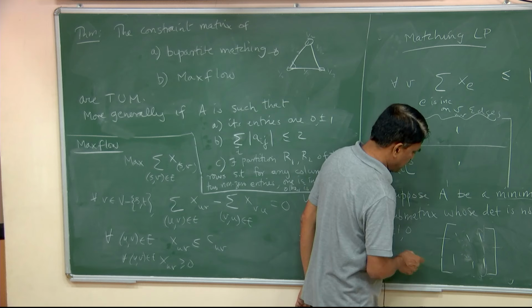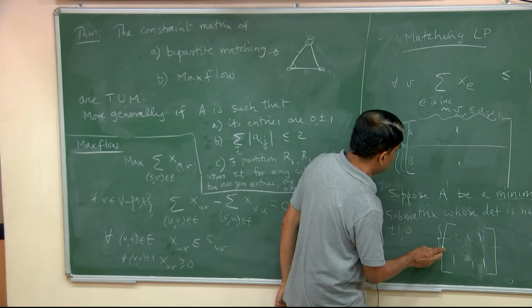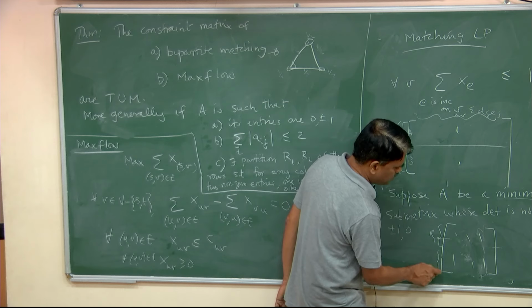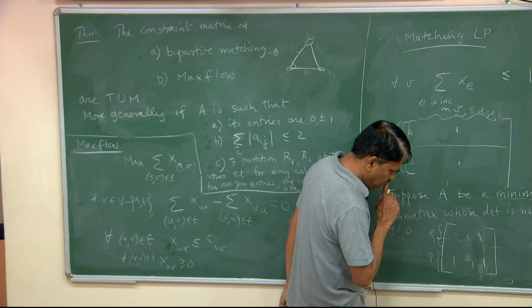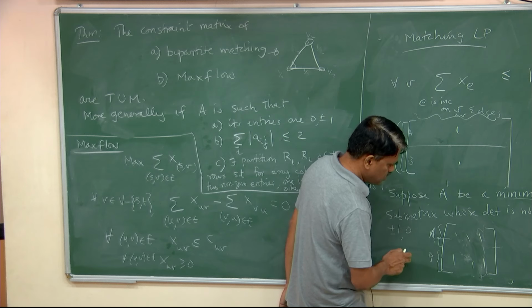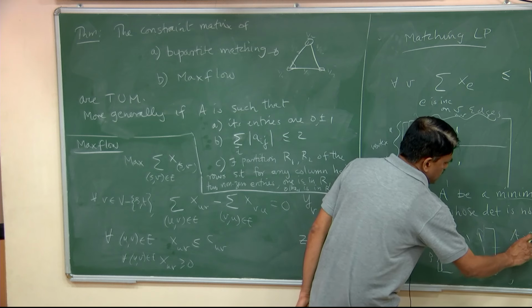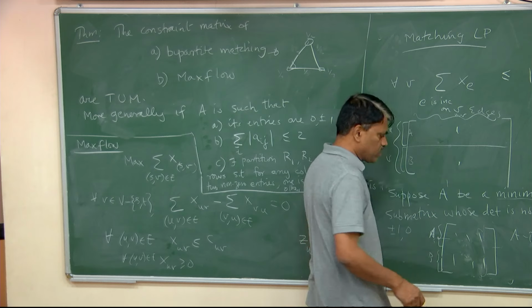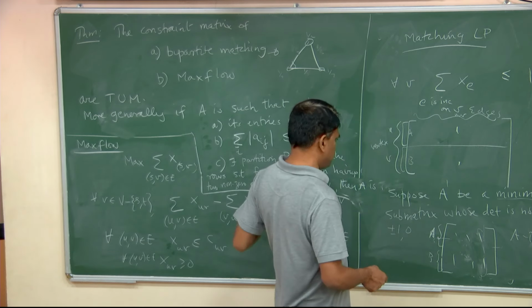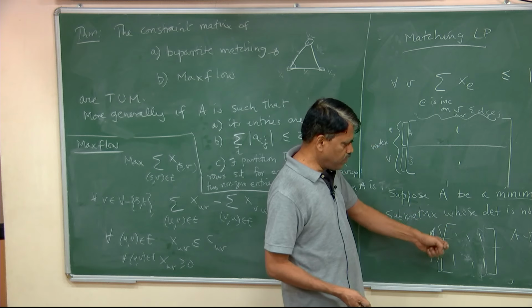So look at the partition. Some of these rows correspond to my vertex set A and others correspond to my vertex set B. Now look at A minus B. Because of the bipartite property, for every edge I have one endpoint here and one endpoint here.